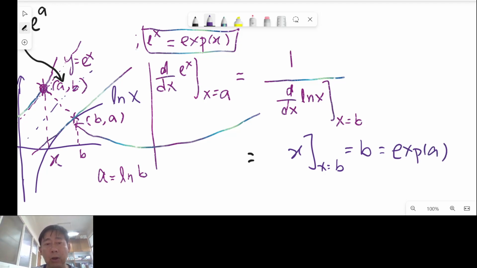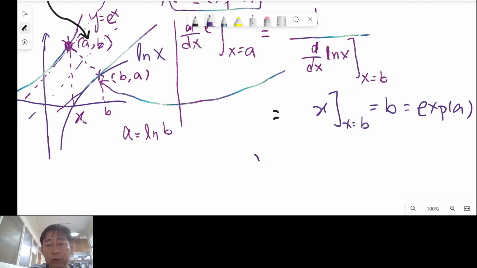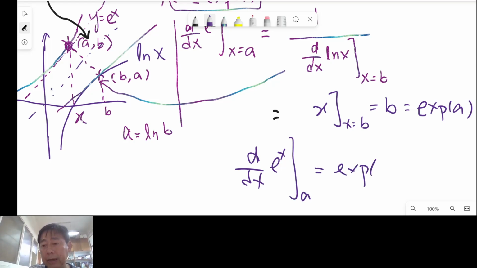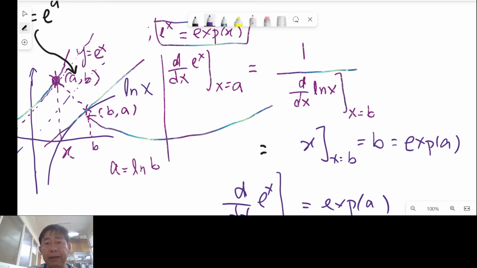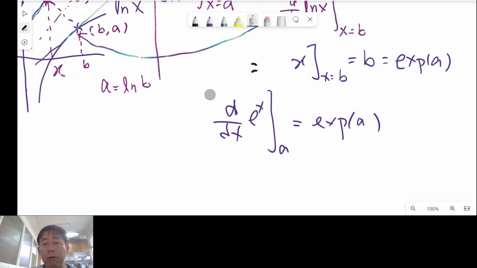Okay, so what I have done here is to show that the d/dx of the exponential of x evaluated at the point a is the same as the exponential at point a. This left hand side is coming from here, and the right hand side is coming from this term. So the derivative of e^x is the same as the exponential value at the same point a.